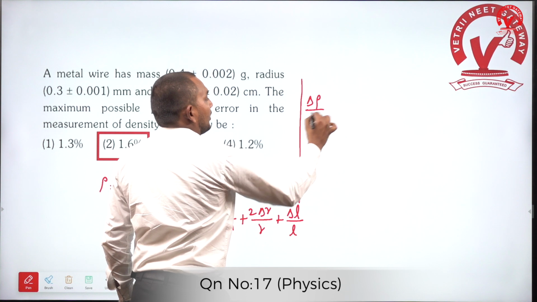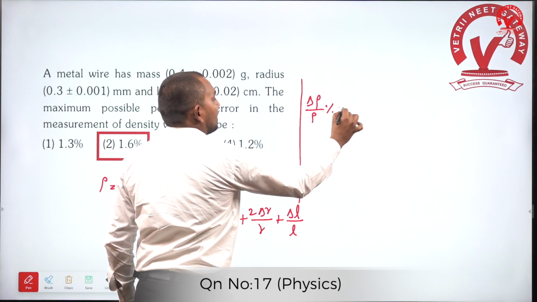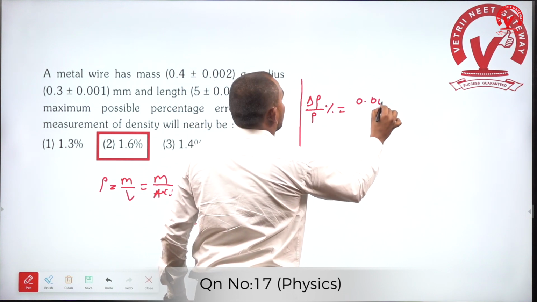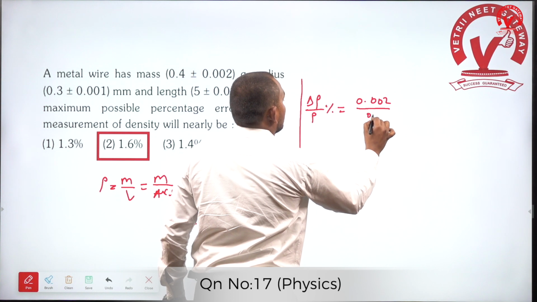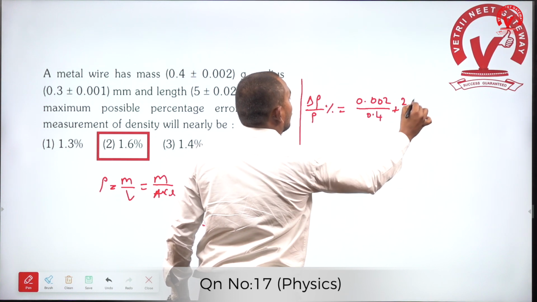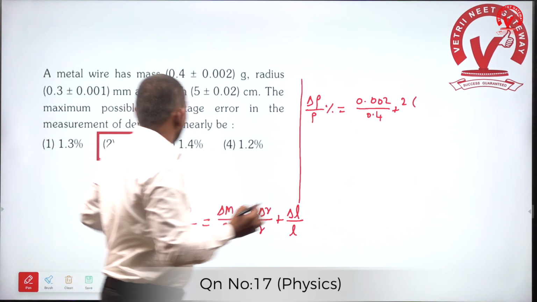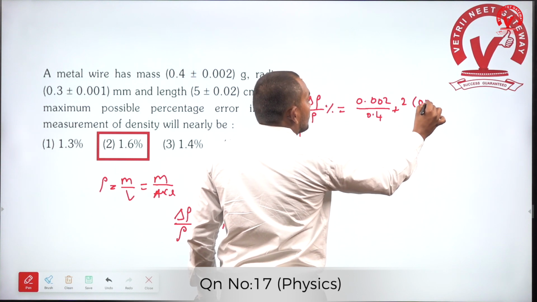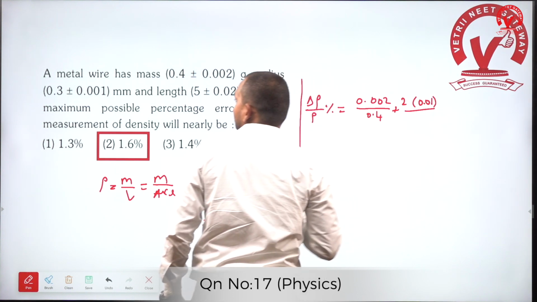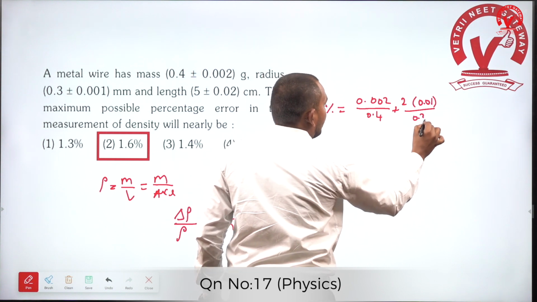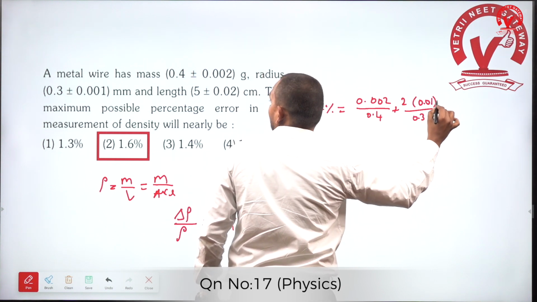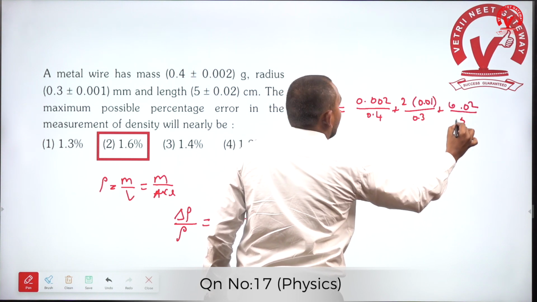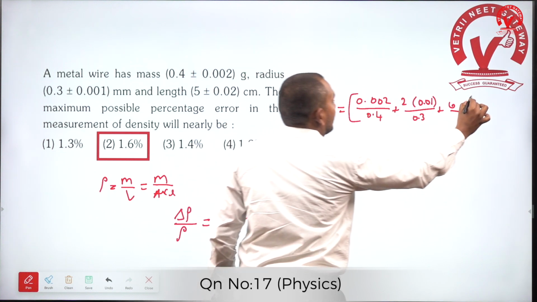Delta rho by rho into 100 percentage you can take: delta m value 0.002 divided by 0.4 plus 2 into delta r value 0.01 divided by 0.3 plus length is 0.02 divided by 5, into 100.